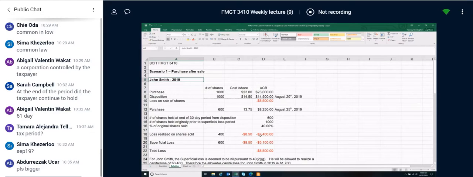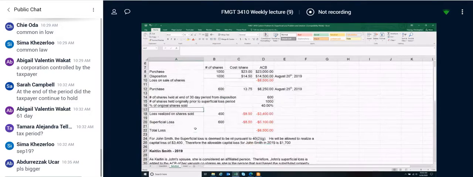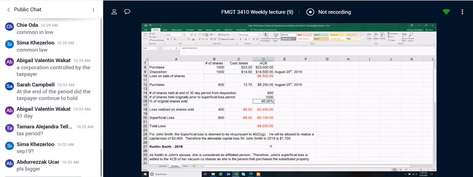So in the case of John Smith in scenario 1, he did the sale. So first things first, he has an 8,500 capital loss on the sale of the shares. Now, at the end of the day, 40% is realized. So if we take the 8,500 and split it up, 3,400 is realized, 5,100 is superficial.